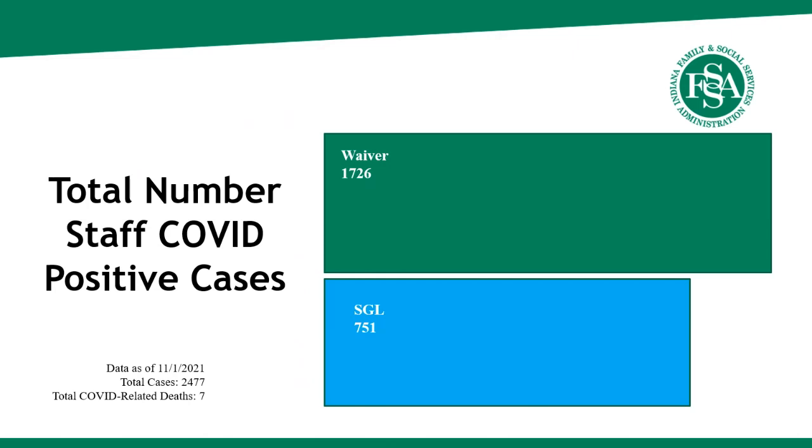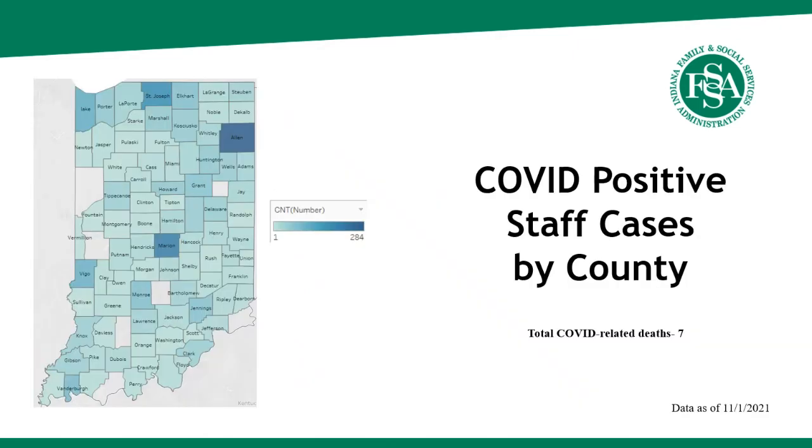And that breakdown is, as you can see here, 1,726 total staff COVID positive cases on the waiver side, and 751 in our SGL or group home settings. And then again, we've done a map similar to the individual positive cases.